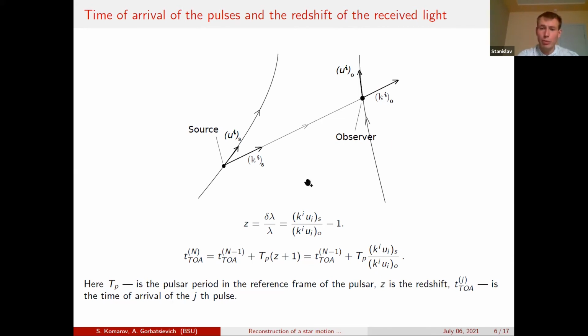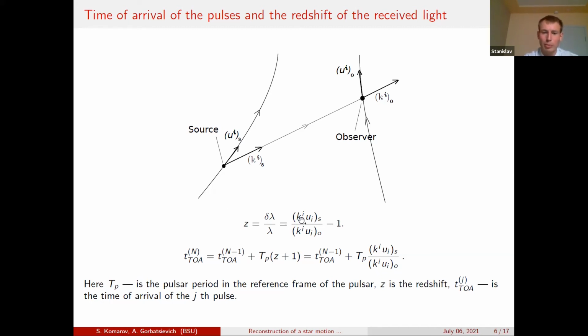This boundary value problem reduces to a non-linear ordinary equation, and due to this, we cannot express the impact parameter D as an explicit function of the parameters of motion. We can only use it as an implicit function of the parameters of motion of the star.